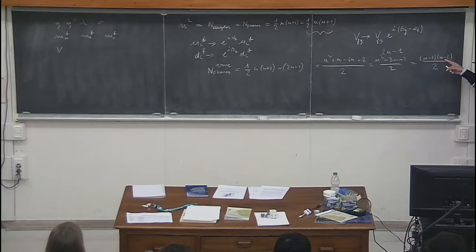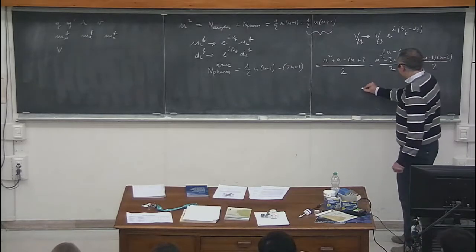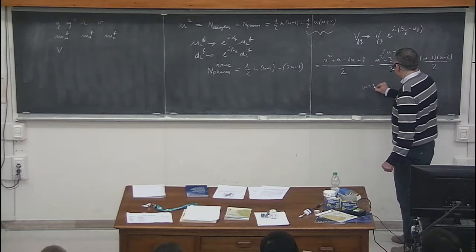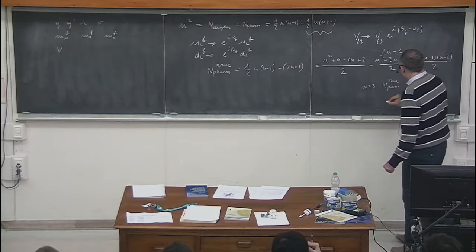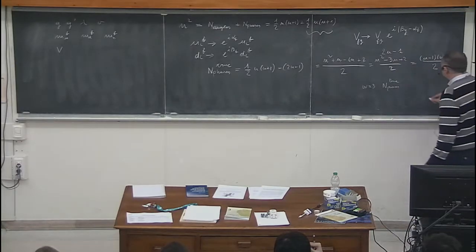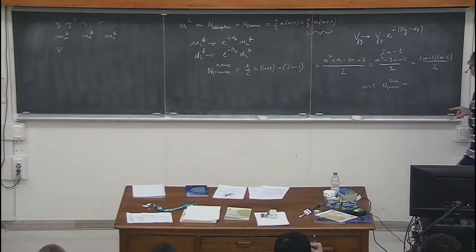And for n equal 3, the number of true phases in the Cabibbo-Kobayashi-Maskawa matrix is 1. 3 minus 1 times 3 minus 2 divided by 2 is 1. There is only one complex element of the Cabibbo-Kobayashi-Maskawa matrix.